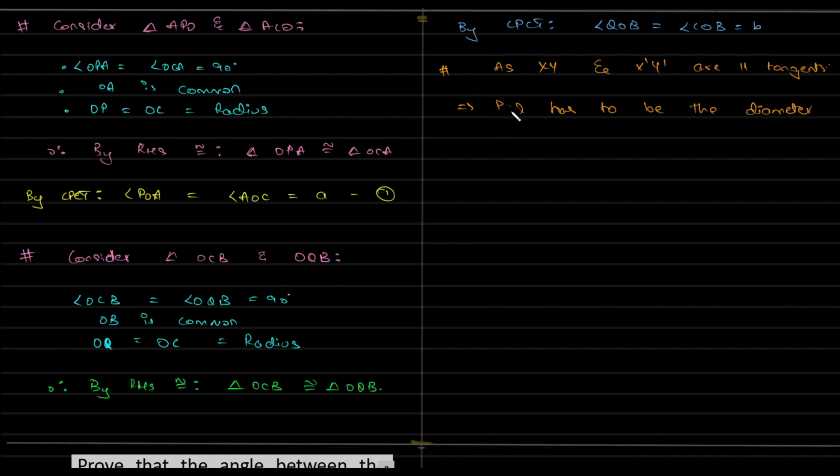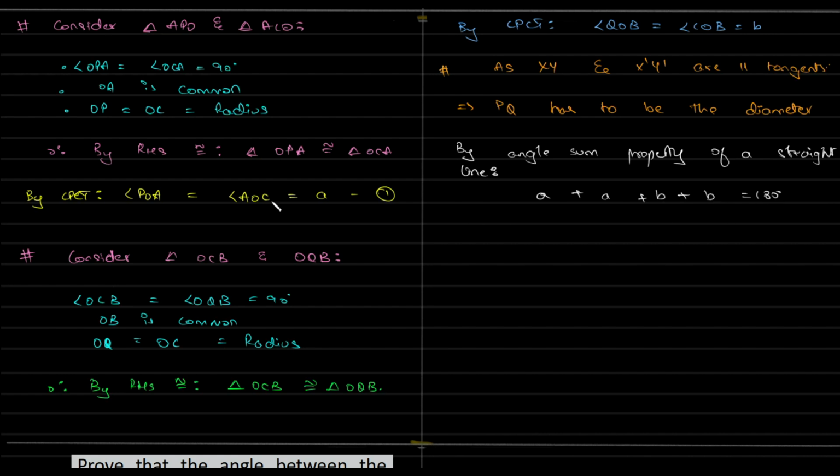By the property of a straight line, we have the four angles, A plus B plus B... should be equal to 180.